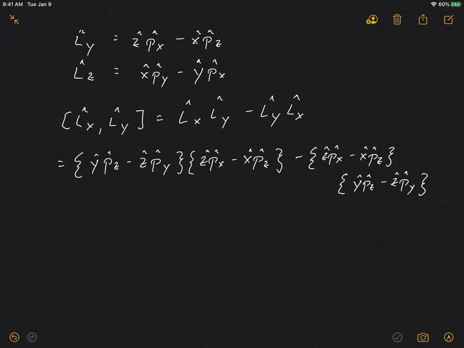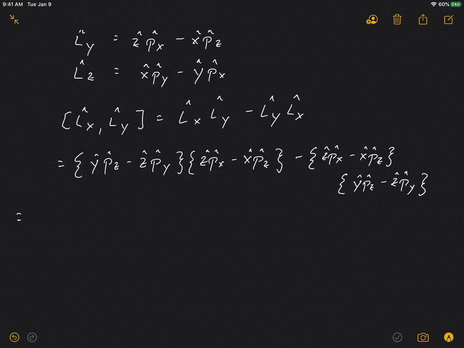Okay, so then let's multiply these out using FOIL. That's going to give us 8 terms, and each term is going to have some combination of 4 operators in it.